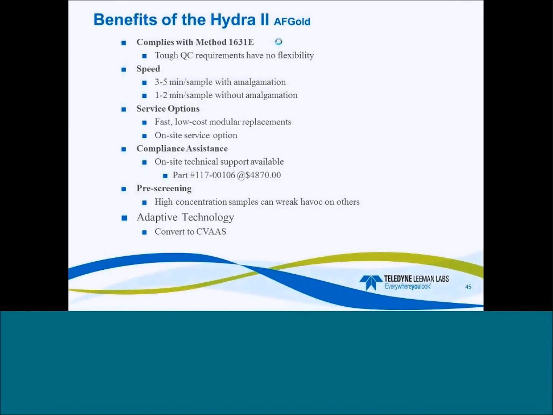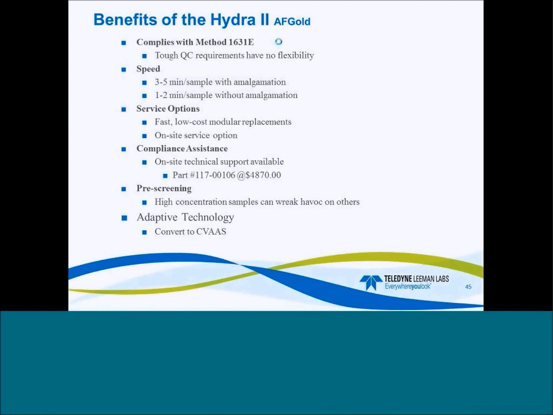This will generate a peak at the detector, and we'll look at that peak. If it's a very high sample, high in mercury, then we'll know that it shouldn't be pre-concentrated on a gold trap. That way we can eliminate a lot of contamination from the system. So that's all automatic. It takes about 28, 30 seconds to complete a pre-screen, which can keep the system quite clean for the future.